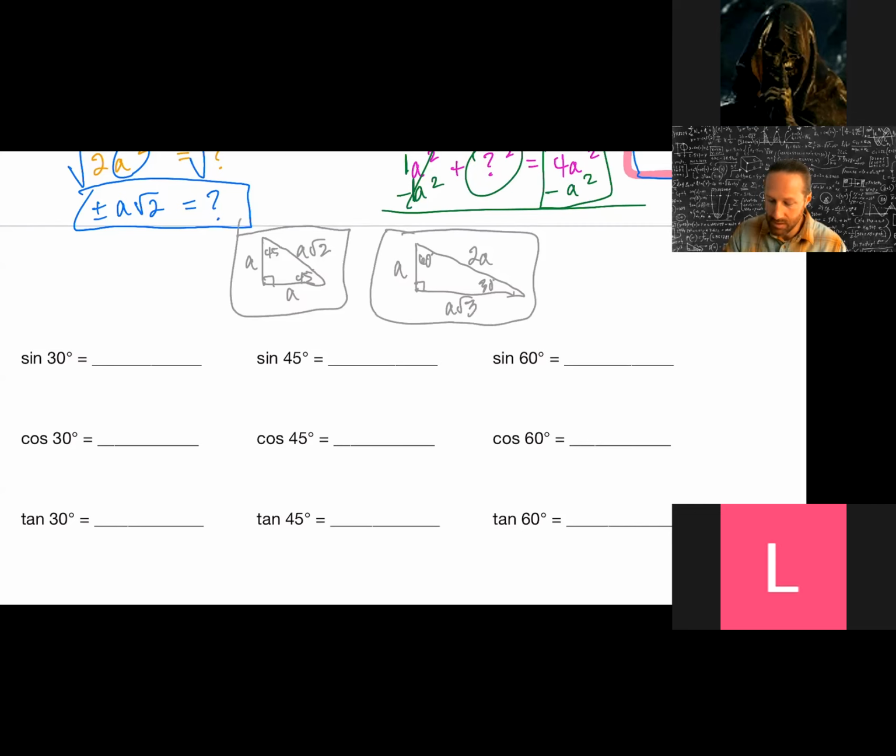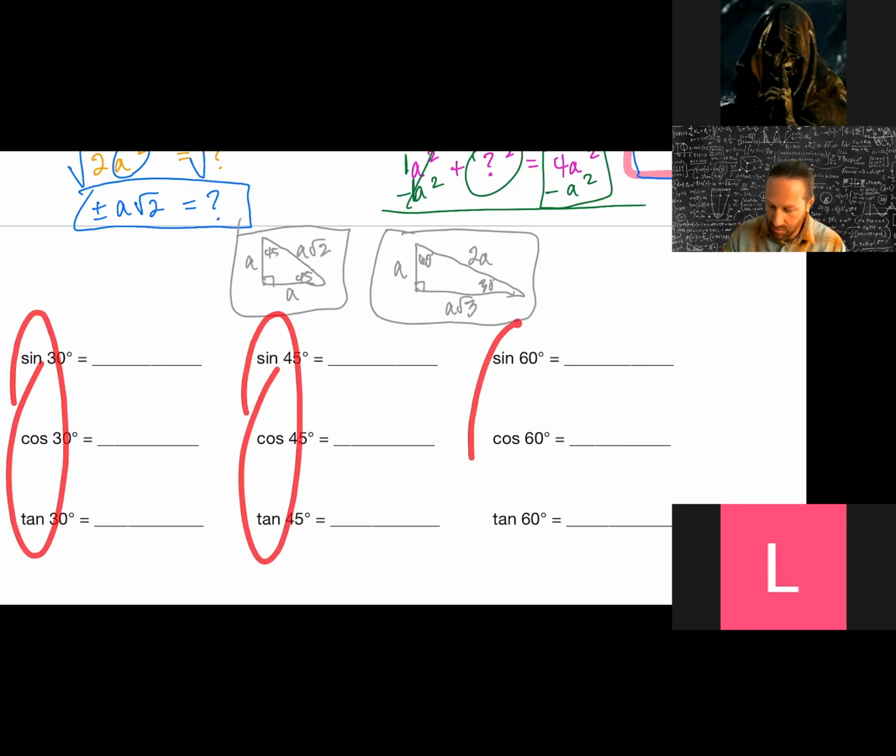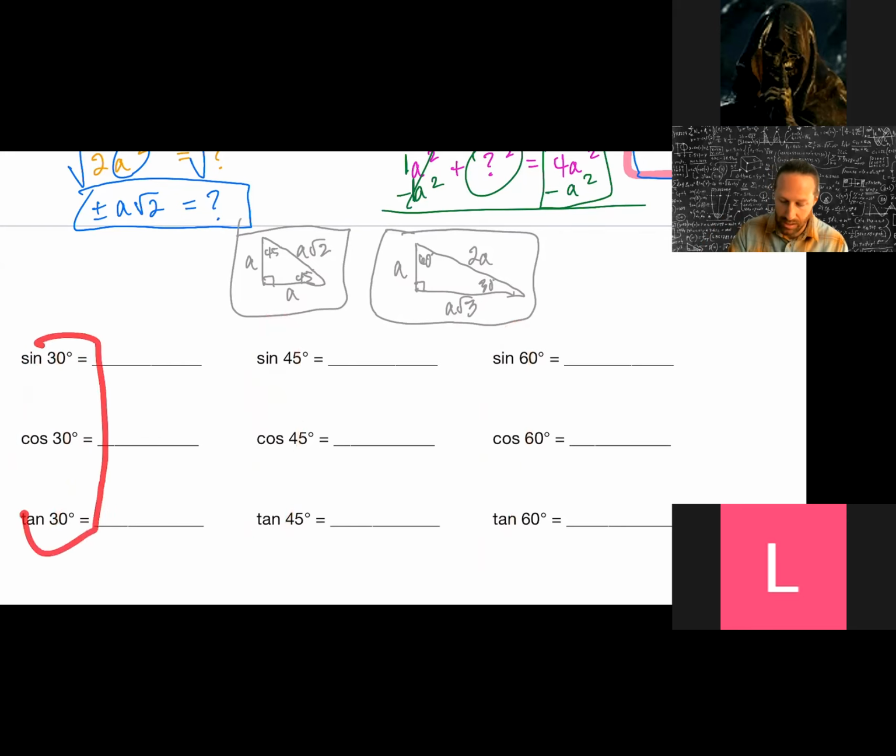Now that we have these, can you now start evaluating? And again, I'm just doing the big three, sine, cosine, and tangent for these important angles, the 30, the 45, and the 60. Let's do it together. Let's start with the sine of 30. Here's my angle 30. What do we know? Sine is always the what over the what? Y over r.